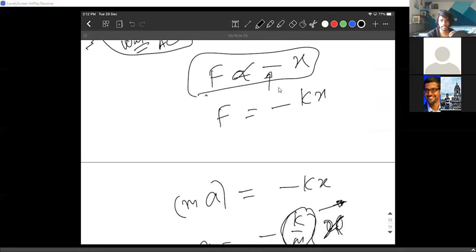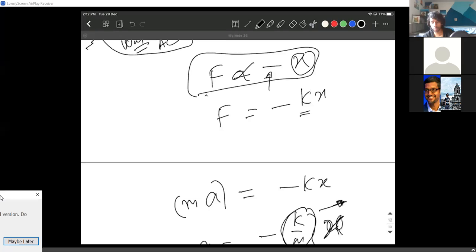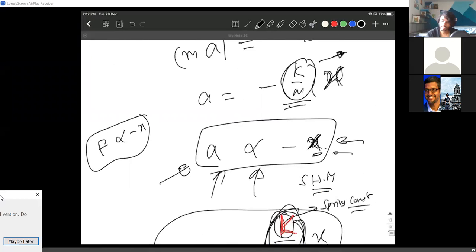The minus indicates it's a restoring force, we put a constant there, and x is the displacement. Or you can introduce simple harmonic motion like this also, where acceleration is proportional to minus x, where again the minus represents a restoring acceleration.